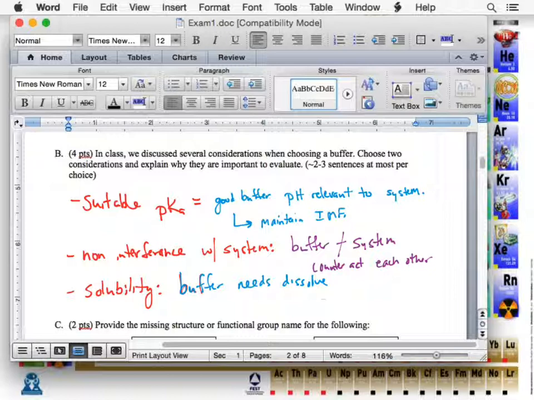If I saturate the system, fully saturate it with buffer, is my enzyme that I'm trying to study going to dissolve? No. So when we're talking about solubility, we need to make sure the buffer dissolves, while at the same time our, we want to call it system or I'm going to go with target.